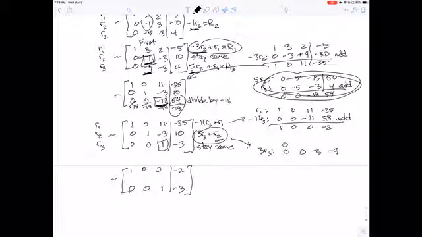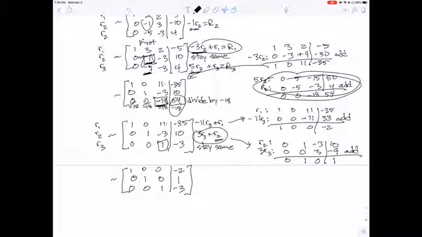R2, as it stands, is 0, 1, negative 3, 10. And let's add them up. So I'm going to get 0, 1, 0, and 1. And so that's my new row 2.